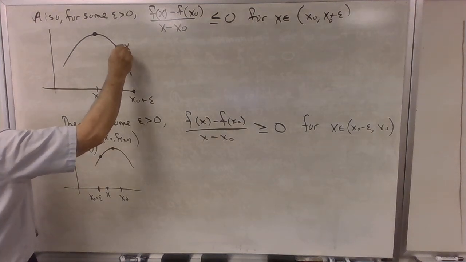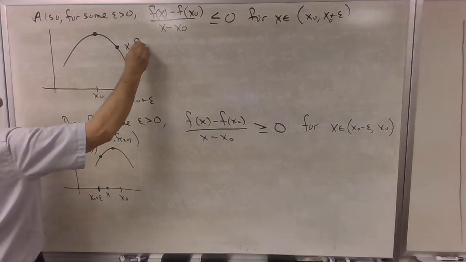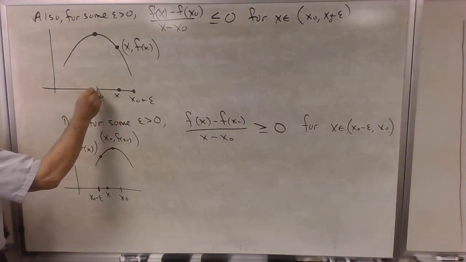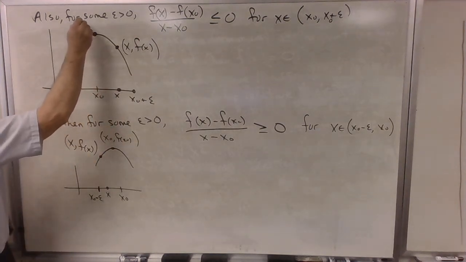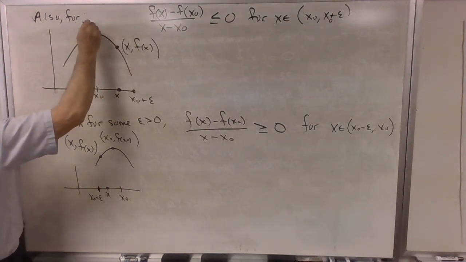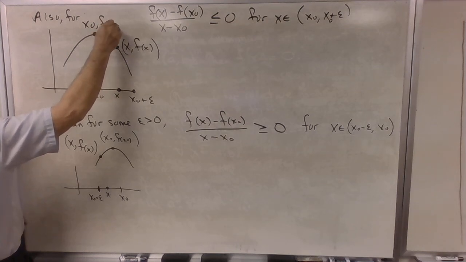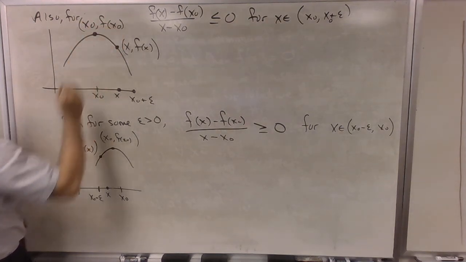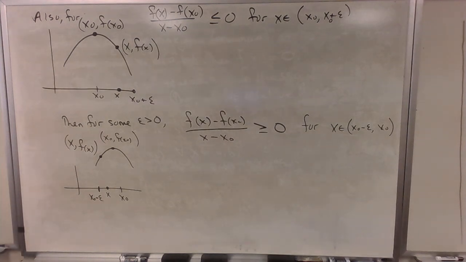And here's the point x, f of x. Here's the point x naught, f of x naught, our relative maximum. And notice what happens here.